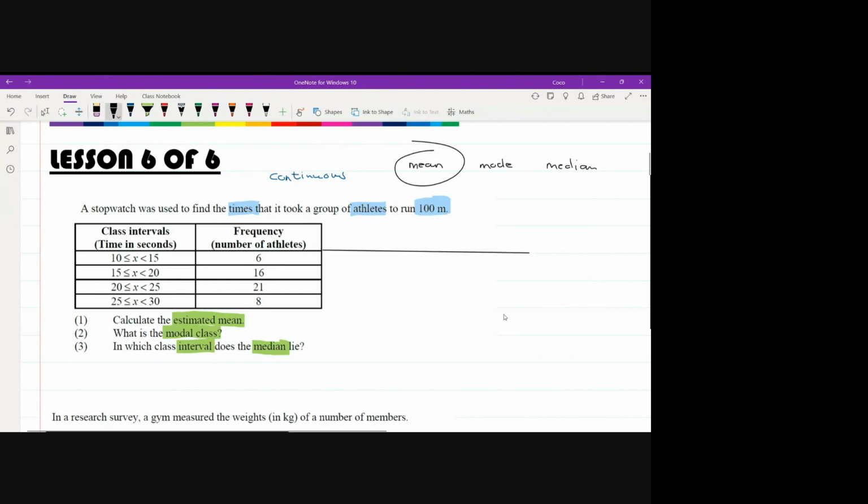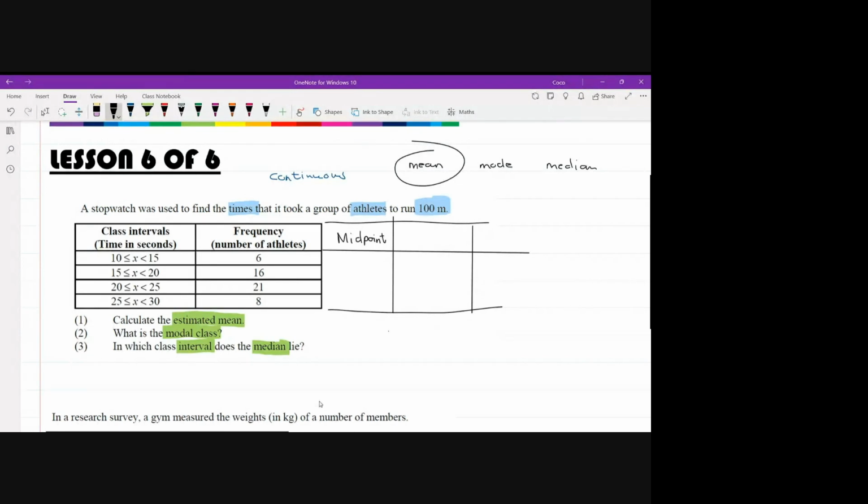We're going to add 2 more columns, and one of the columns is going to be the midpoint. And the other one we're going to use in just a little bit.